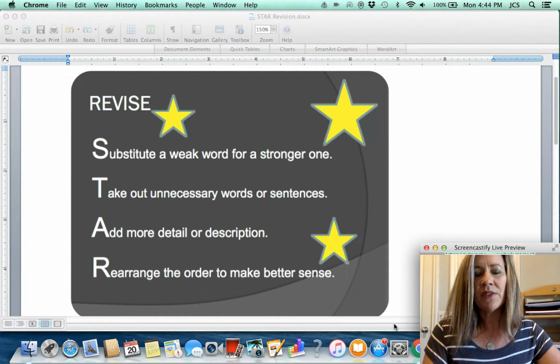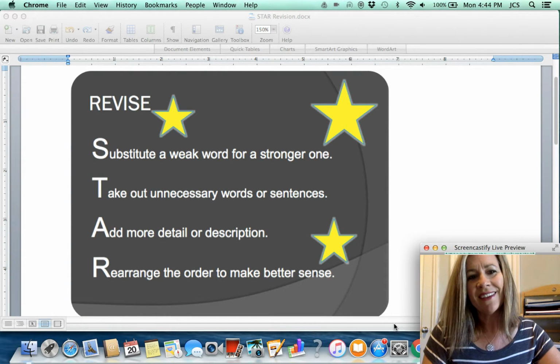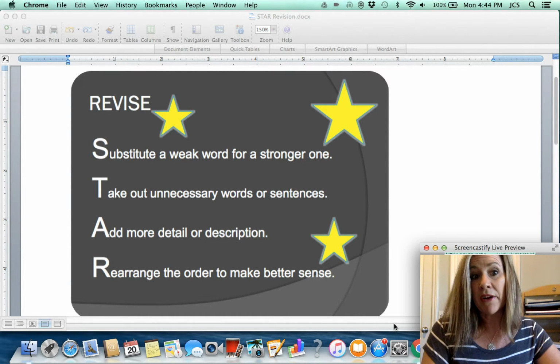So I teach my students after they've written a rough draft that it's very important to revise, to look at your writing once again, and revisit with the S.T.A.R method. Now, this is an acronym that students very quickly and proudly memorize. So you can see each letter in S.T.A.R stands for one thing that you need to look for to make your writing better.